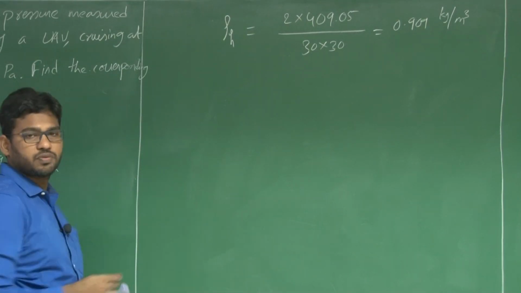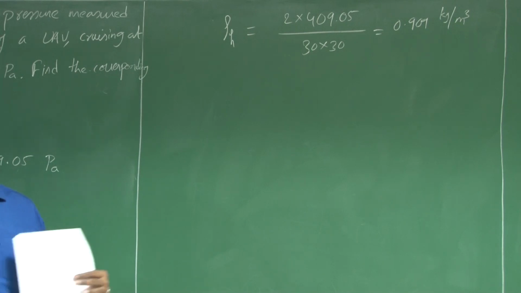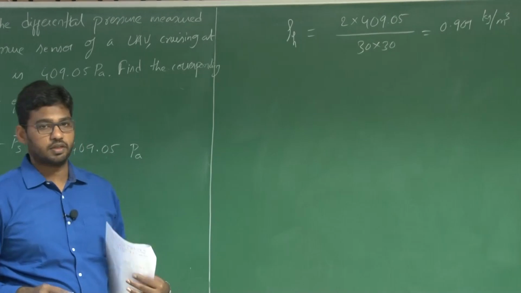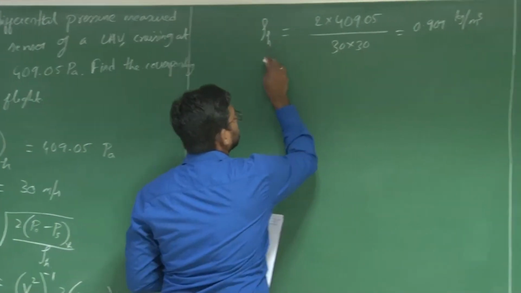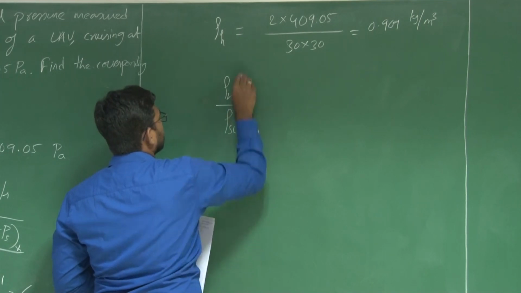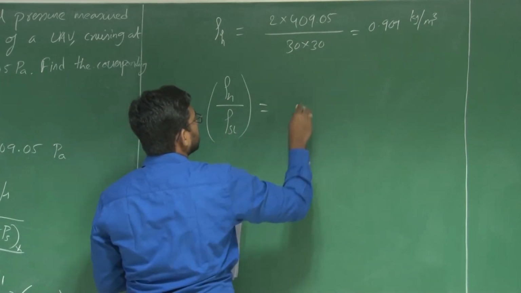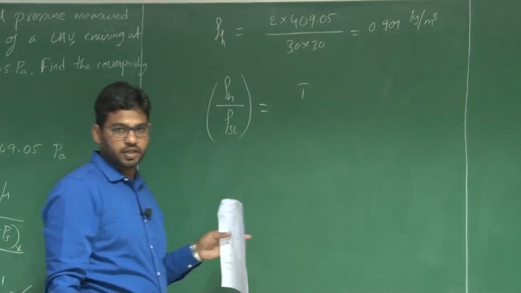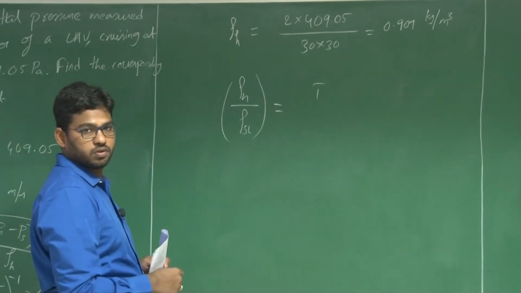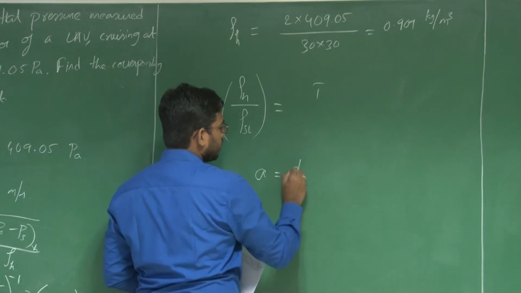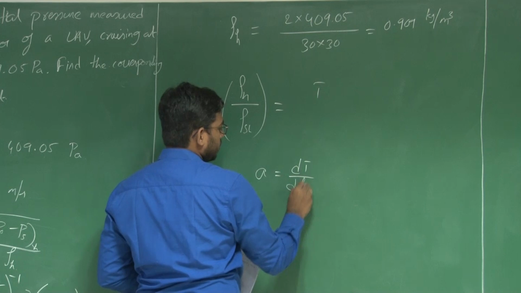Now since most of these flights are in the gradient layer, for this course we assume that the flight happens in the gradient layer. So for this density at h and density at sea level, we can relate this to the corresponding temperature, because if I need to find the altitude, I need the definition of lapse rate, dt by dh.